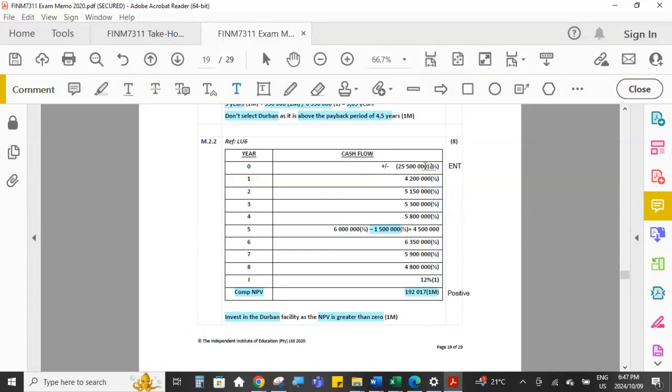You have to type it in after the number. So you would type in 25,500,000, and then you would press the plus minus button. And that would then enter that figure in your calculator as a negative. And then you press the enter button.